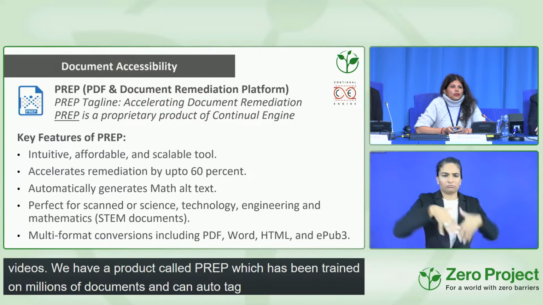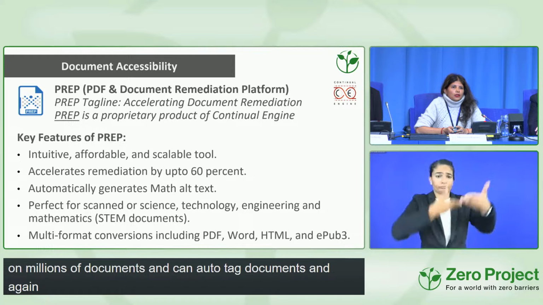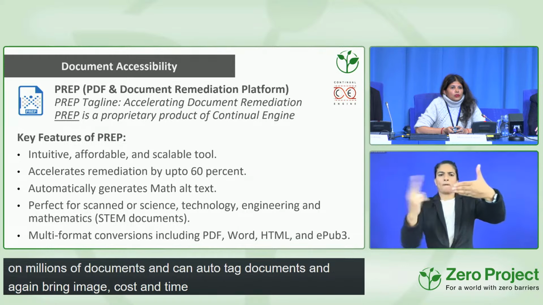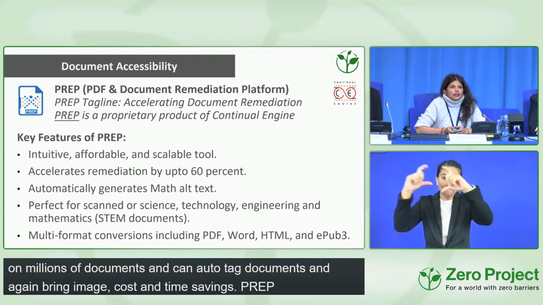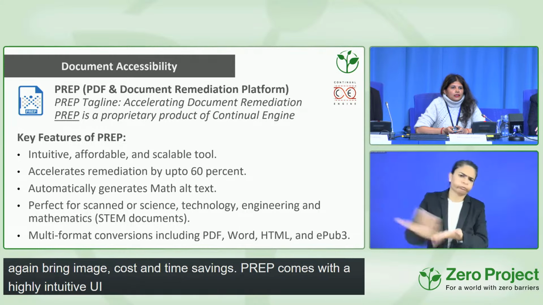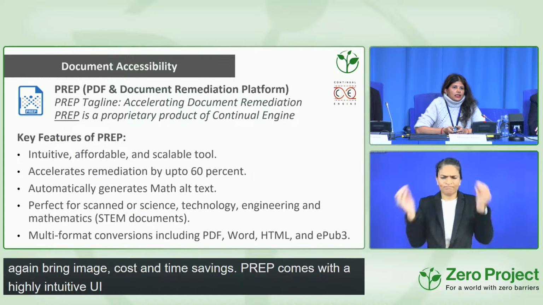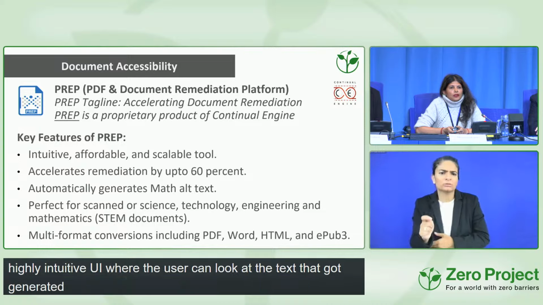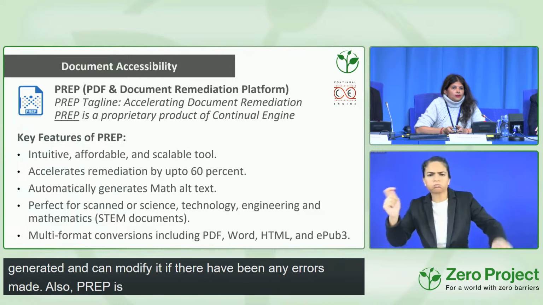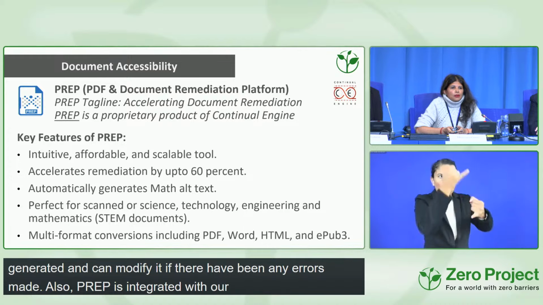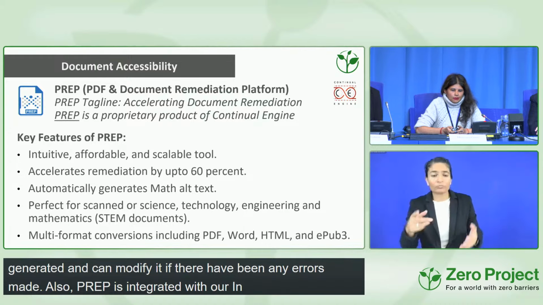Also, PREP comes with a highly intuitive UI where the user can look at the tags that got generated and modify them if any errors have been made. Also, PREP is integrated with our Invicta APIs, so not only is your document becoming accessible, but also the images in the documents are becoming accessible at the same time.